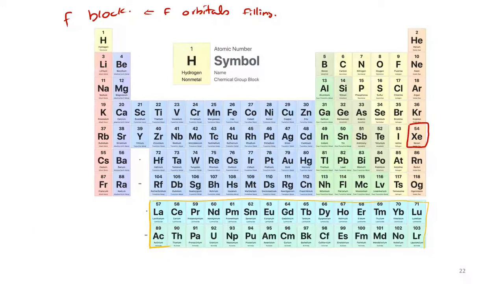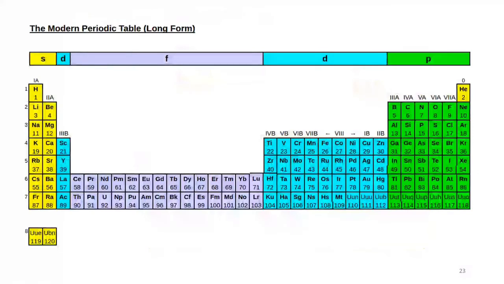But if we completely spread out the S block, as you see here, we have the S block and the D and P. We saw that our inner transition metals, the F block elements, were squeezed inside the D block. So what we have basically done is stretched the whole thing and shown you the long form of the periodic table.